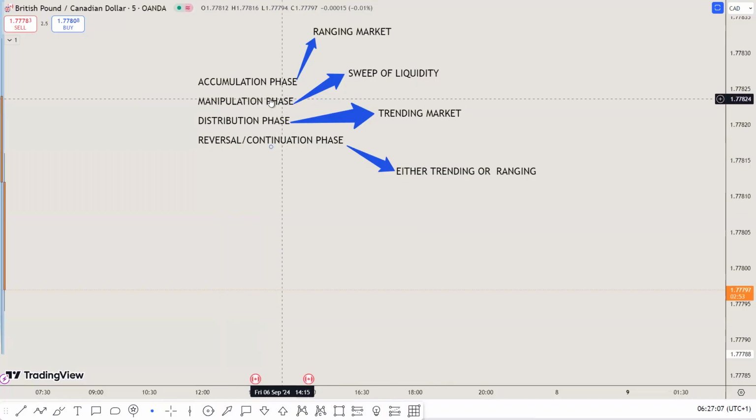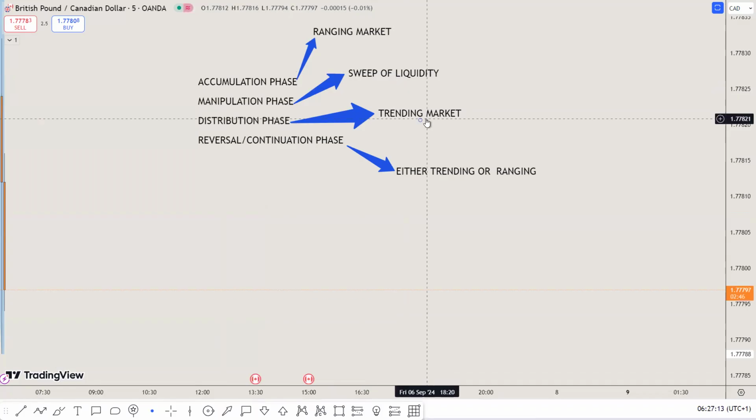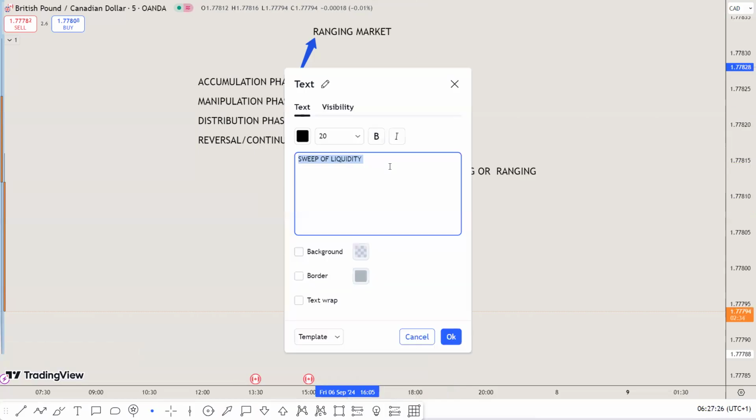And in the manipulation phase, it's where what? Liquidity happens a lot because that is where highs are being taken. That is where key levels are being swept. That is where people's stop loss gets hit and then the market reverses. In other words, we can say the manipulation phase is also known as the reversal phase.